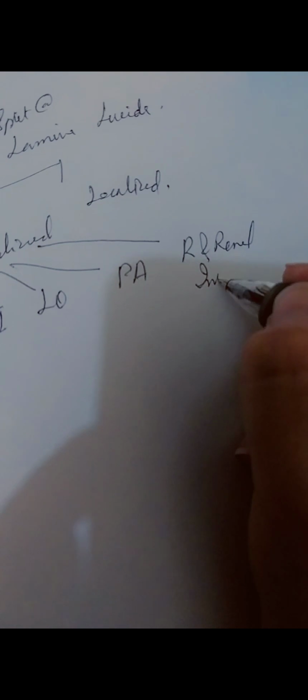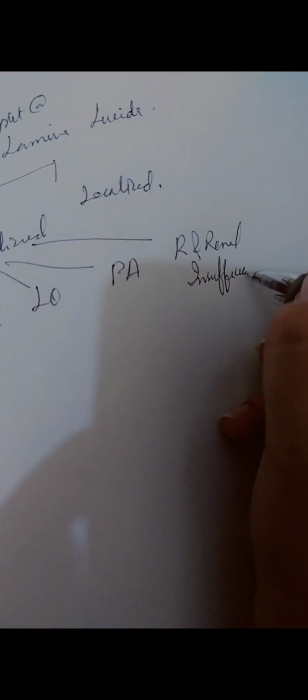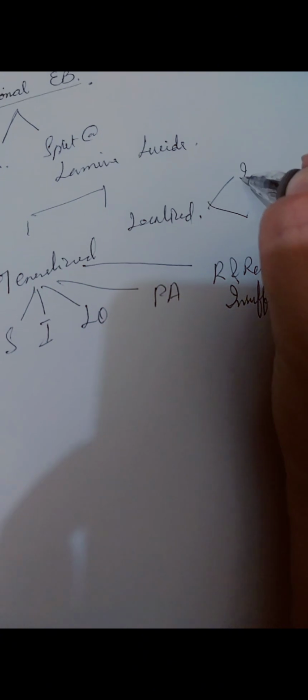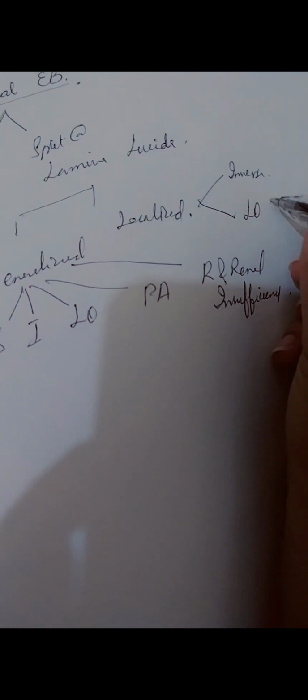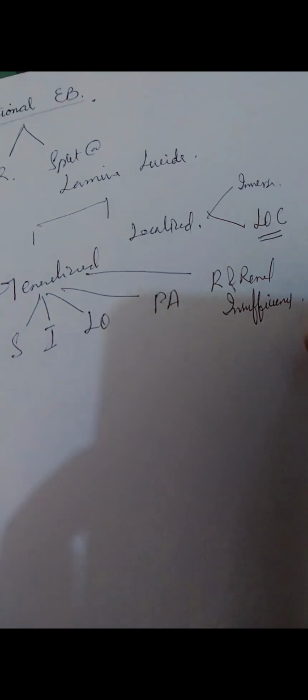Generalized is further divided into severe, intermediate, late onset, then pyloric atresia, then with respiratory and renal insufficiency. For localized, there are 2 different variants. One is inversa, and the second is laryngo-onycho-cutaneous syndrome, which is also known as Shabbir syndrome.